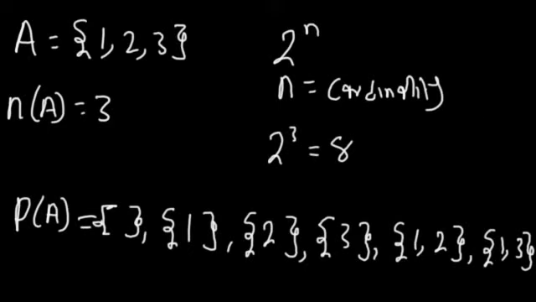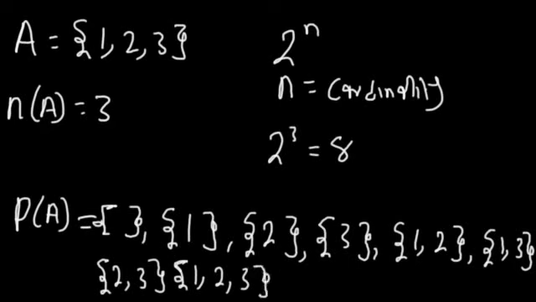So the next one is 2, and you can relate 2 and 3 together. So we have {2, 3} as a subset of set A. Now we are done, there is no other element in set A left that we can associate together. Then the last subset will be set A itself, because we said a set is a subset of itself. So we have {1, 2, 3}.